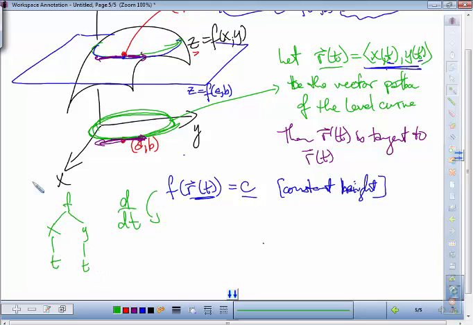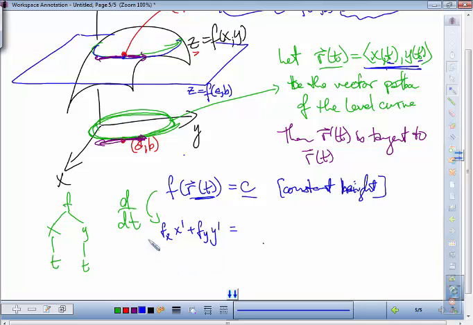Now you can imagine it's fx and then x of t, x prime, fy, and then y prime. So I'll write that down, but I want to really get to the next step. So this is f sub x, derivative of f with respect to x times x prime plus fy and y prime.